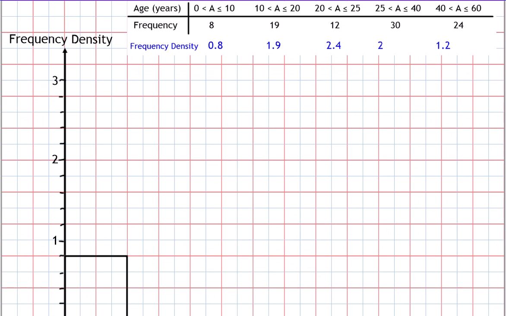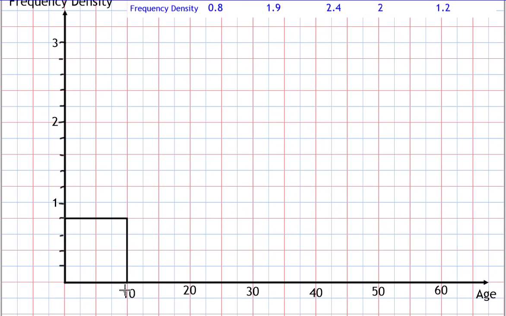The next bar goes from 10 to 20, and it has a frequency density of 1.9. So 10 to 20. Now 1.9 on my scale is halfway between 1.8 and 2. Okay, because I've gone up in sort of odd, even tenths if you like, and we've got an odd tenth.